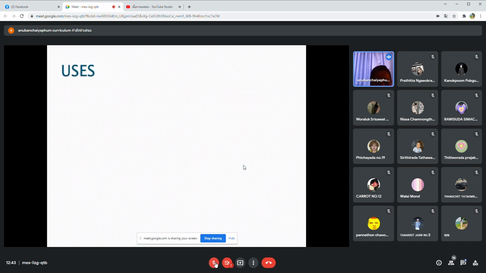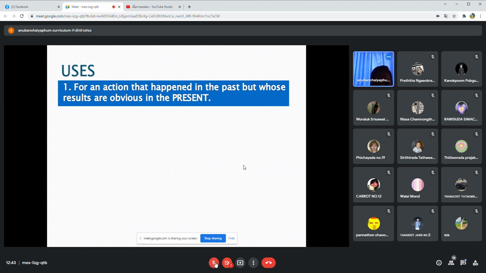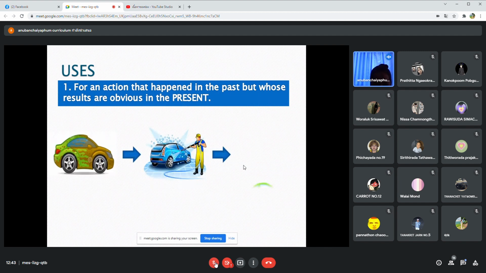So there are many uses of the present perfect tense. First, number one, if an action happened in the past, but the result is obvious in the present. Example, look at the picture here. Look at the arrow as well.